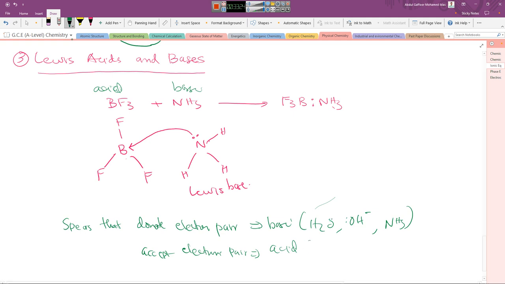And AlCl3, Co3+, Mn2+ are acids since they have empty orbitals in their energy levels, right?